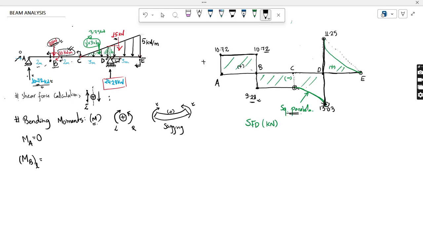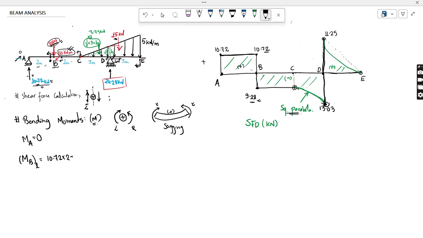Actually I am a little bit to the left of this support, but this much distance doesn't mean anything because it's very short. I am just towards the left, so the limit extends to a very small distance. So just ignore that distance and just do 10.72 into 2.